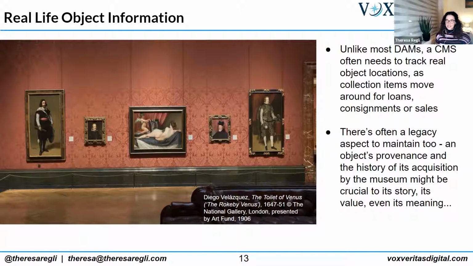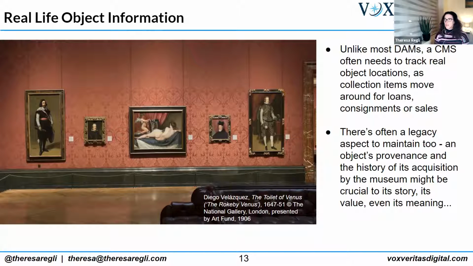So a couple of examples here. Here's a lovely picture from the National Gallery, where we have the Toilette of Venus, and a lot of what we think about in DAM also is the context of where these images are, whereas the CMS tends to really just think about the individual object itself.